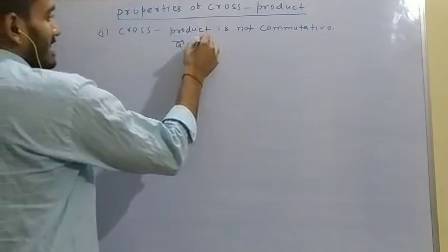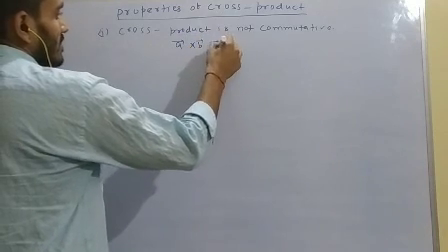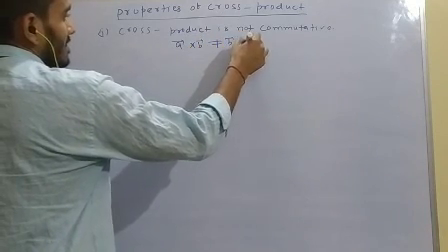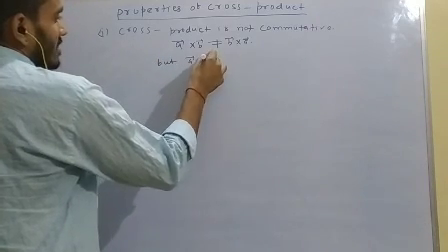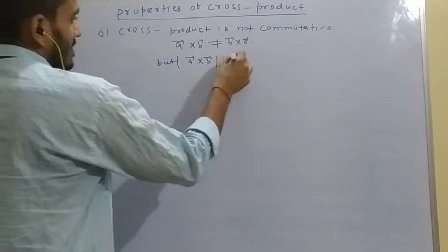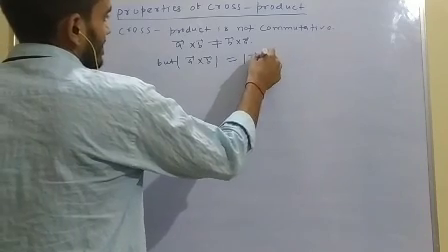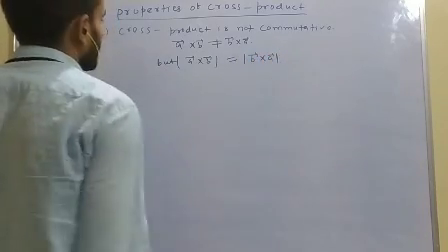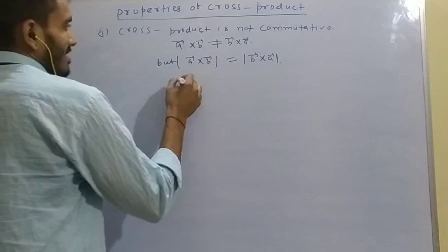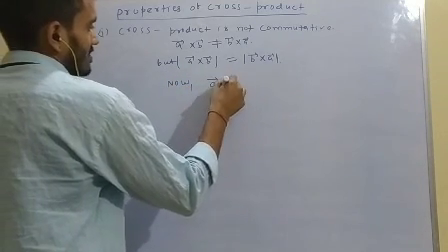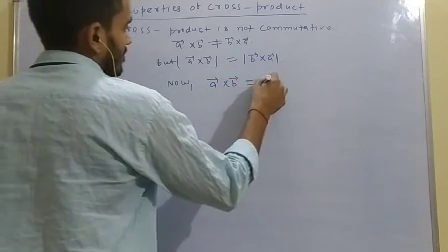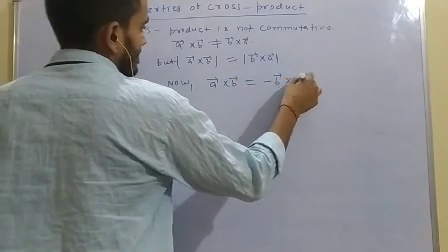Vector A cross vector B not equal to vector B cross vector A. But magnitude of vector A cross vector B equal to magnitude of vector B cross vector A. Now vector A cross vector B equal to minus vector B cross vector A.